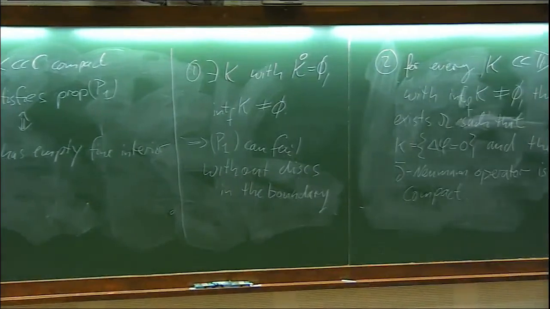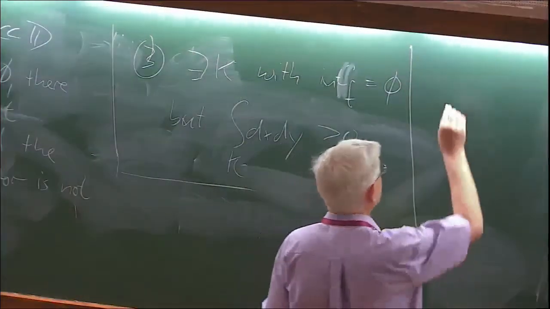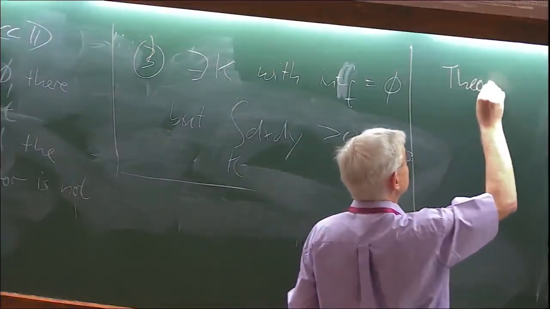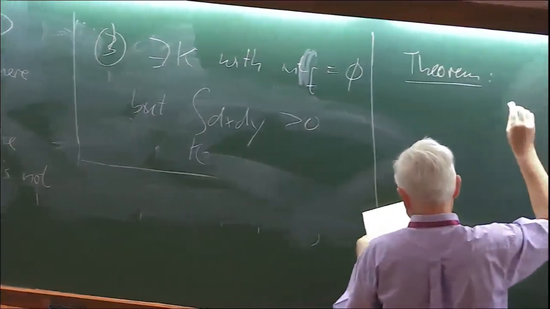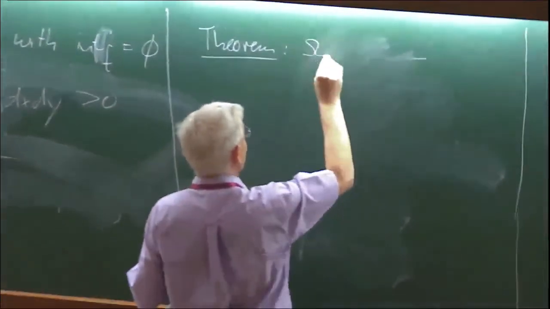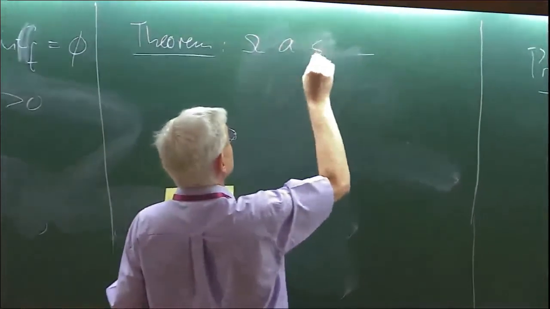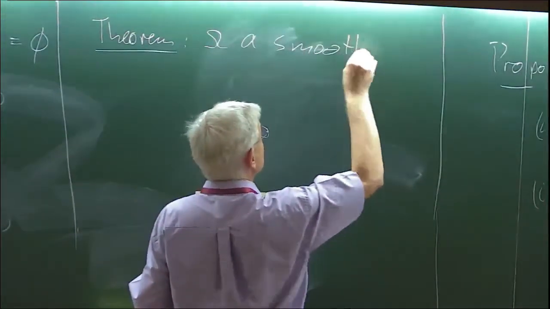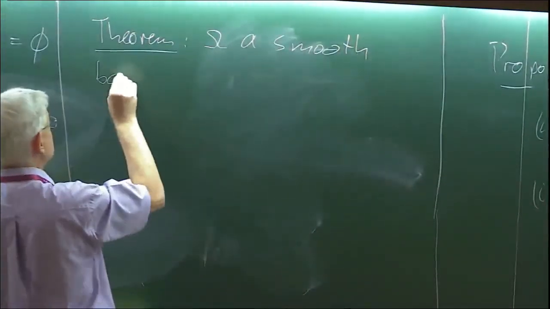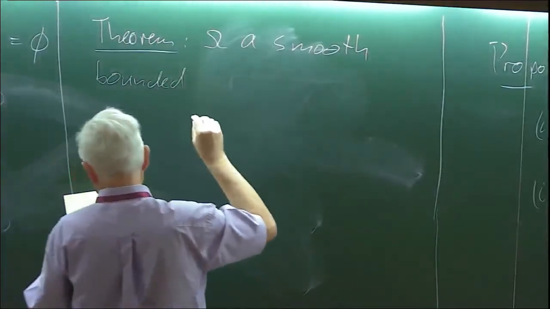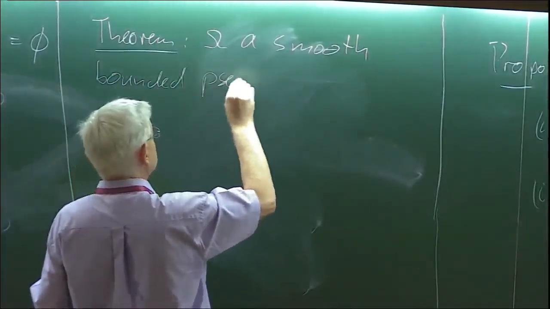It turns out to be true for Hartogs domains in C2, and let's state this as a theorem. P1 and compactness are actually equivalent. Let Omega be smooth, bounded, pseudo-convex.